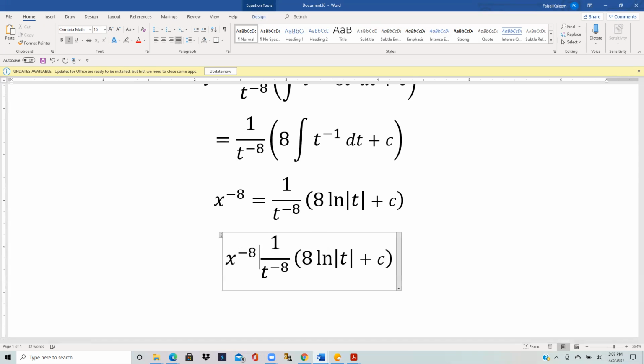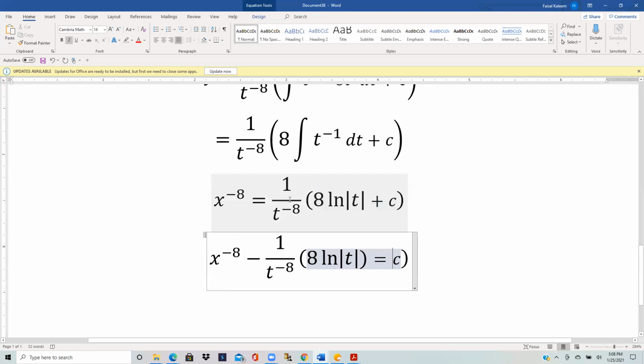So this one gets subtracted, minus 1 over 8 to the negative t ln 8. And then on the right hand side, we have c over t to the negative 8.